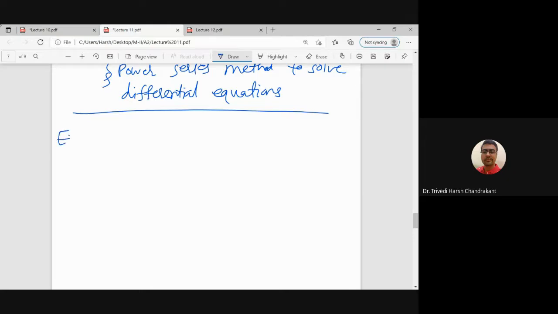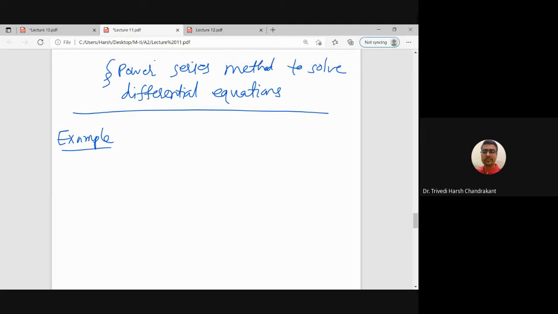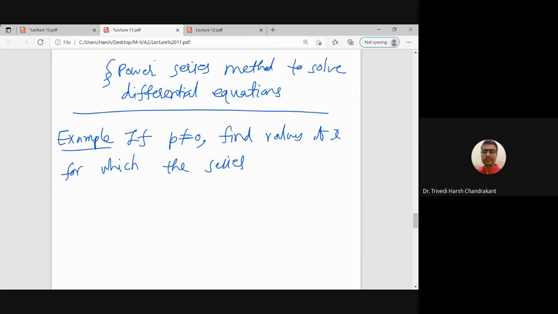So first of all, let us recall the notion of radius of convergence, because we are discussing series. If we have a non-zero number p, find the values of x for which the series converges or diverges.